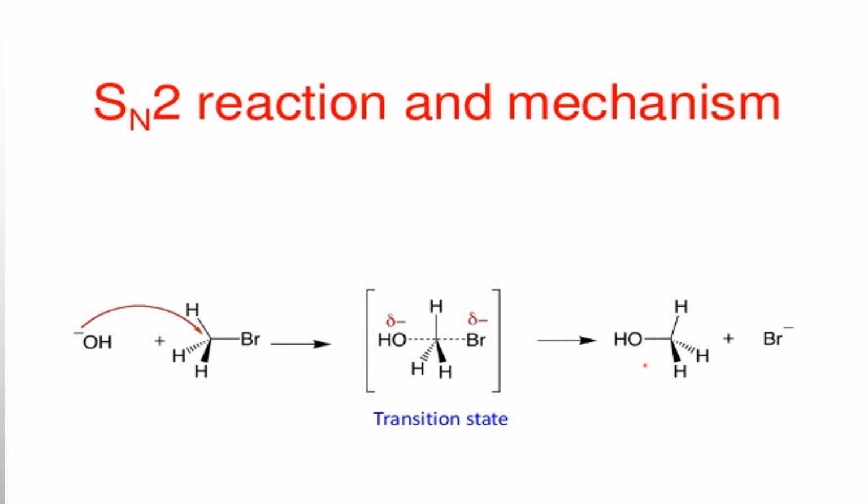That means the product has the opposite configuration as compared to the reactant, plus the bromide ion Br minus, in the form of salt NaBr or KBr, is formed in this reaction.